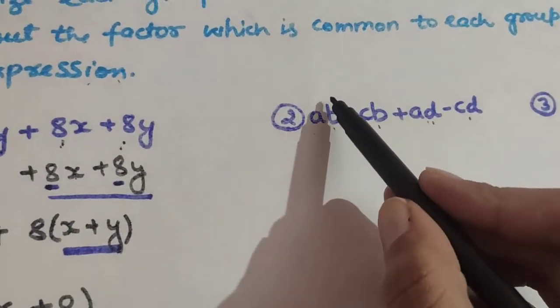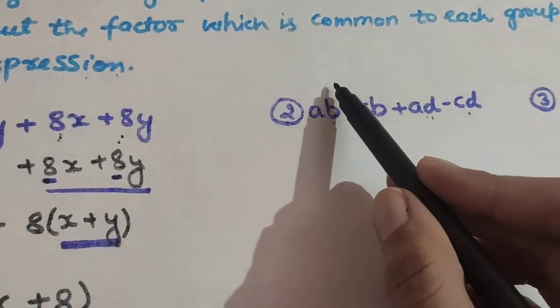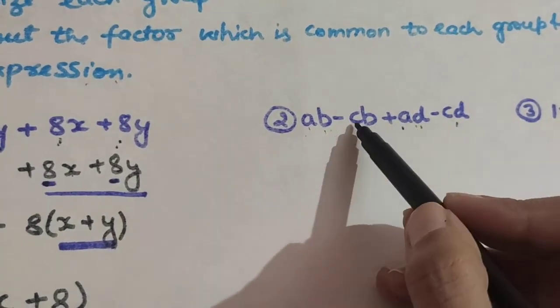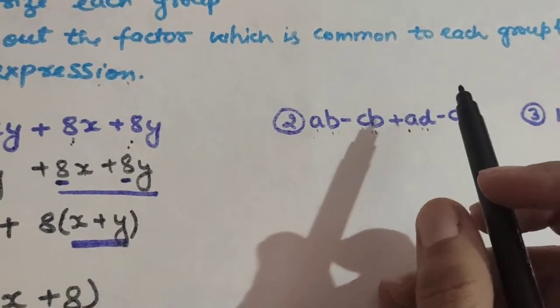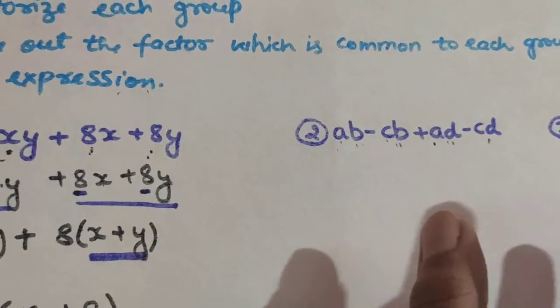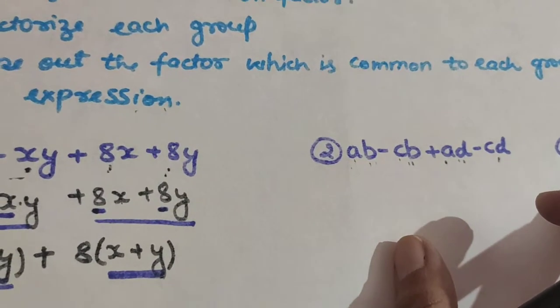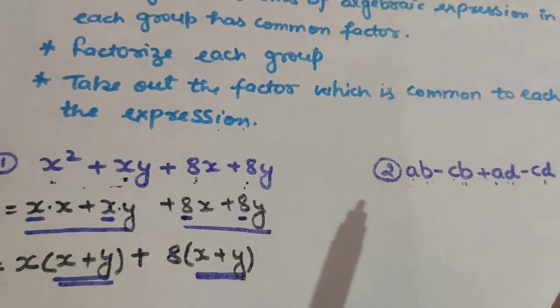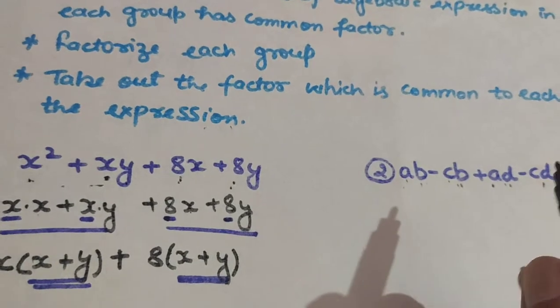You can take the first and third term also because A is common, and the second and fourth term because minus C is common, but it doesn't affect the answer. The answer will remain the same. So you can group the terms as you want, but remember that each group must have a common factor.